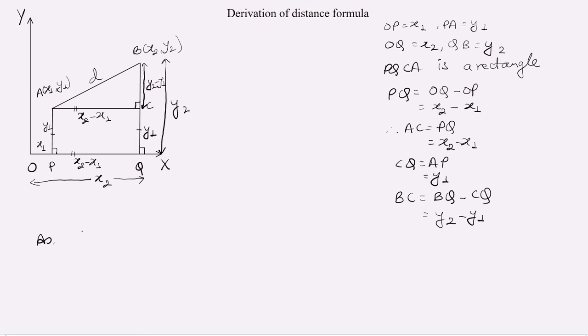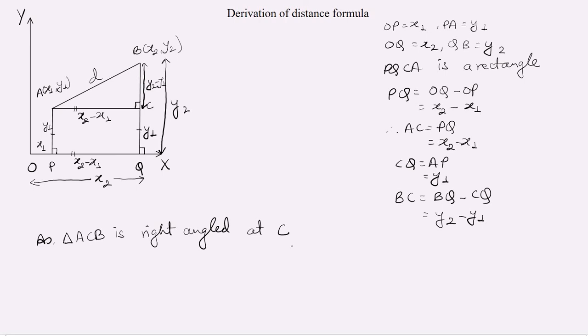Let's see here, triangle ACB is right angled at vertex C. It means we can apply the Pythagoras theorem here, as the Pythagoras theorem is applicable in a right angle triangle only.